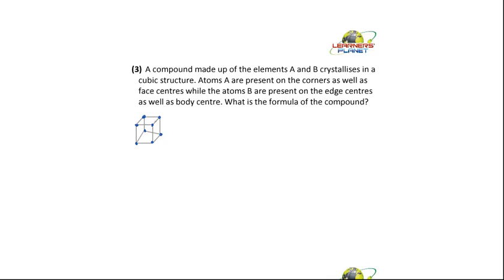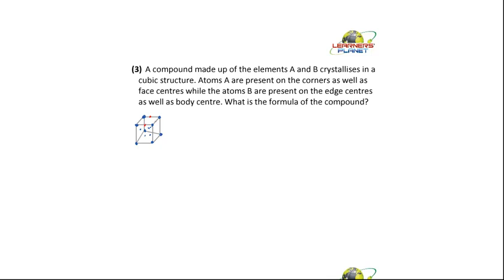So these are present at the corners as well as the face centers, that is 1, 2, 3, 4, 5 and 6. And your B atoms, they are present on the edge centers. This is the edge center.